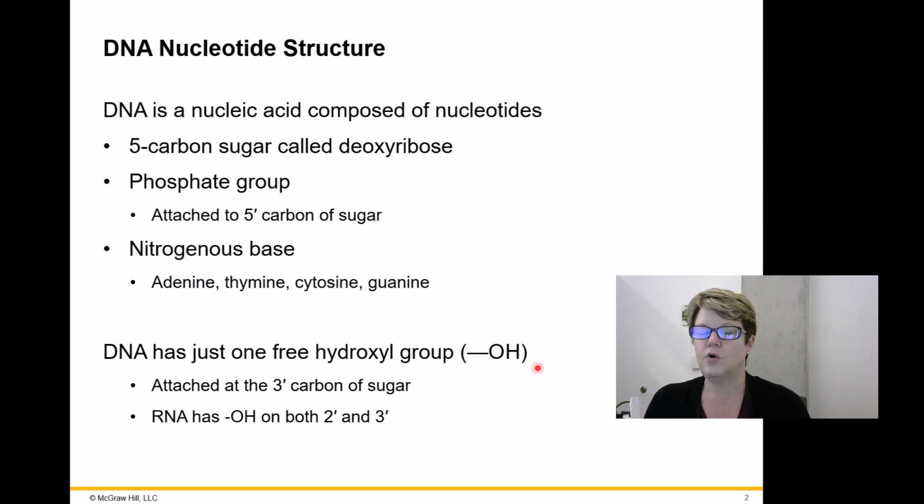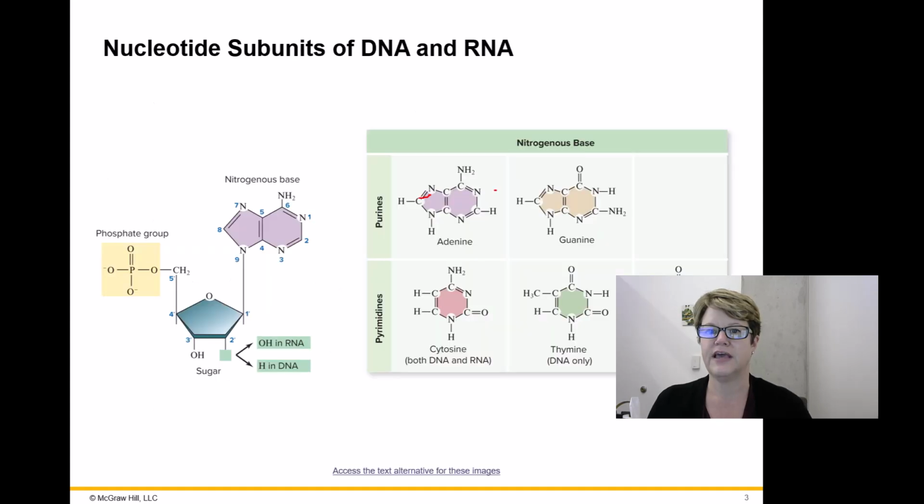And DNA has one free hydroxyl group at the 3' position of the ribose sugar. And I'm going to show you on the next slide that RNA nucleotides have 2 hydroxyl groups.